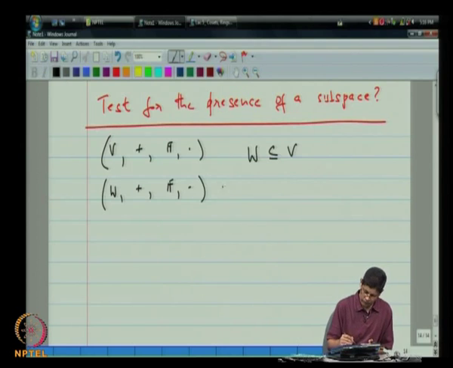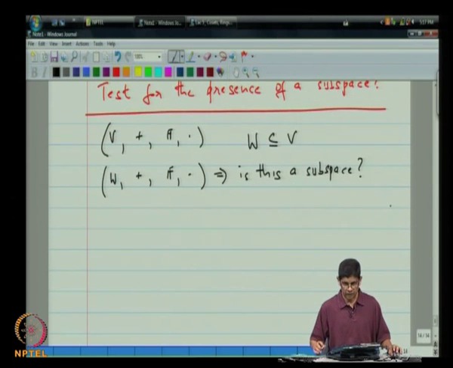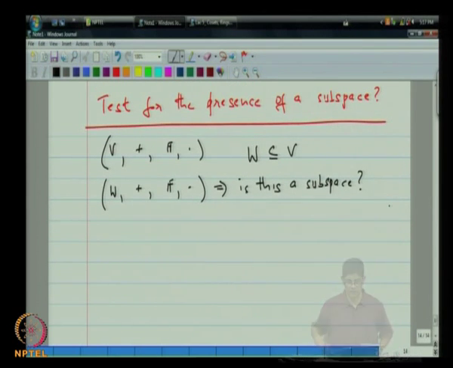Okay, so, that is your goal. Now, one way of testing whether something is a subspace is to actually go through all the axioms, and as I pointed out earlier, there are 9 of them. But that is the brute force way.